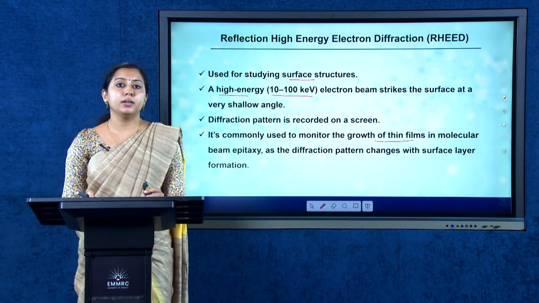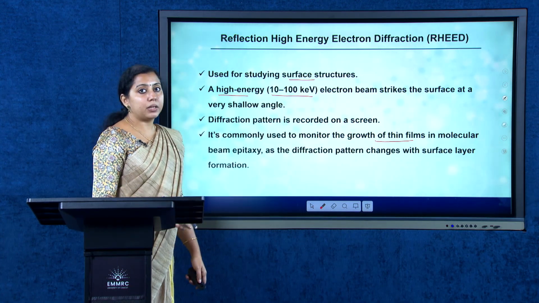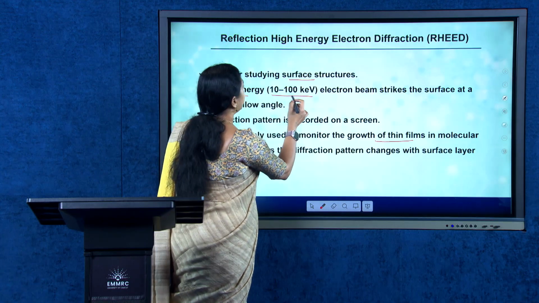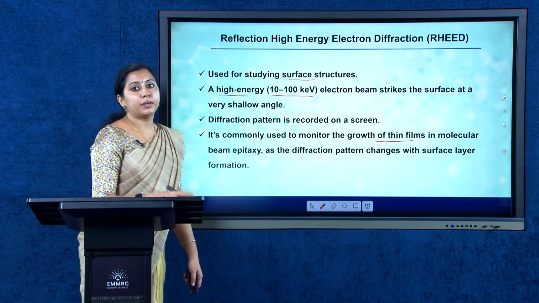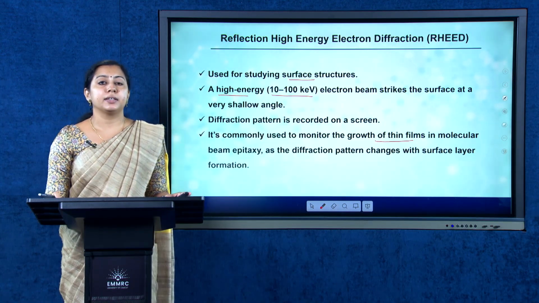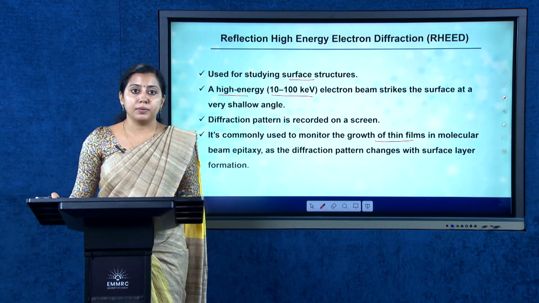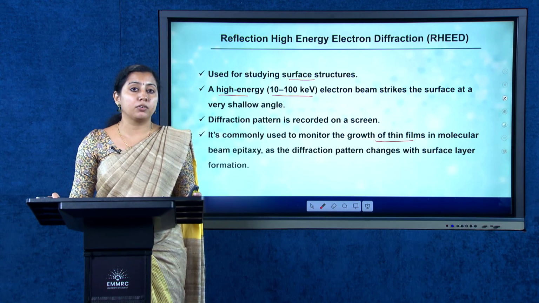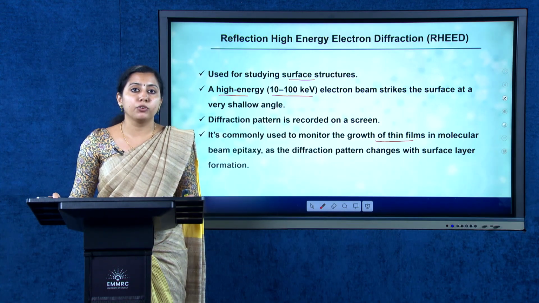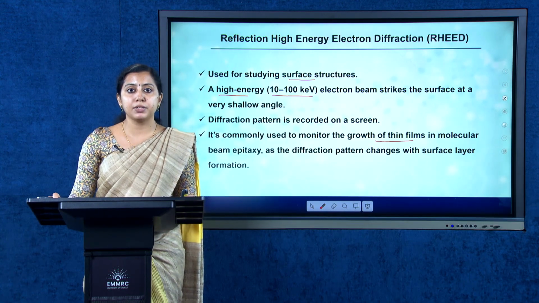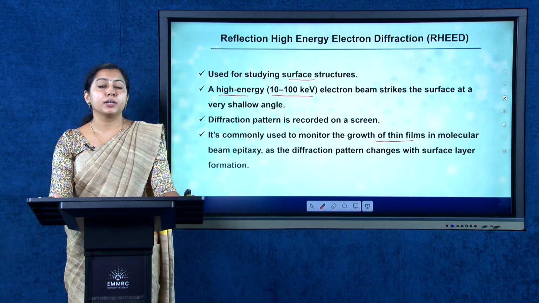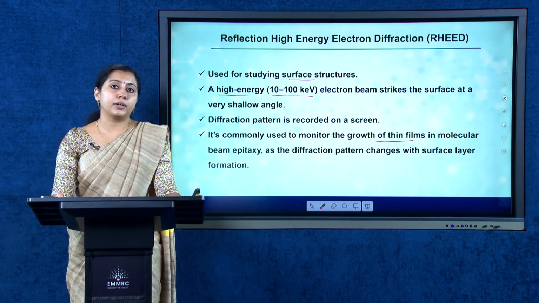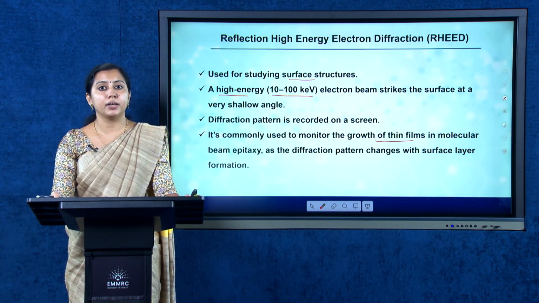Here a high energy electron beam, generally of 10 to 100 kilo electron volt, strikes the surface at a very shallow angle, and the diffraction pattern formed is recorded on a fluorescent screen or a photographic plate. So, this is about the two types of electron diffraction techniques, namely low energy electron diffraction and reflection high energy electron diffraction.